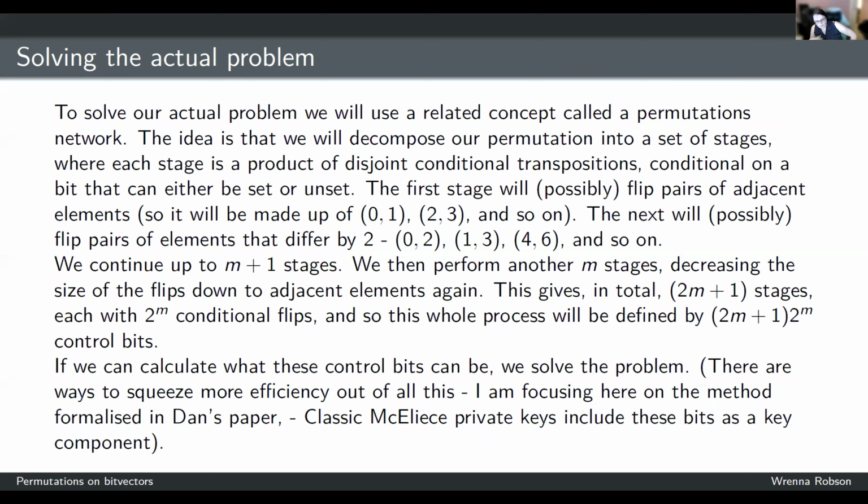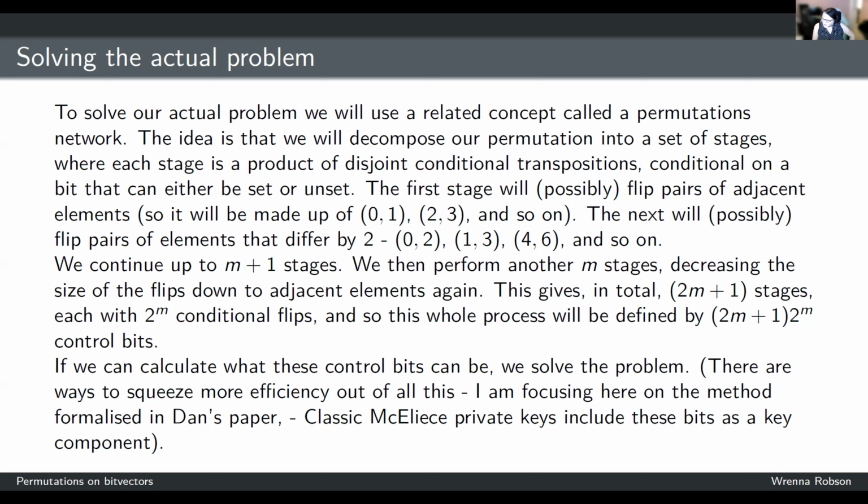So what we're going to do is decompose our permutation on 2 to the m plus 1 elements into a series of stages. In the first stage, I may or may not flip the 0th element and the first element, not because they're less or greater than anything, because we're not sorting here. I just imagine I've got some kind of bit somewhere that tells me, and if it's 0, I flip it, and if it's 1, I don't.